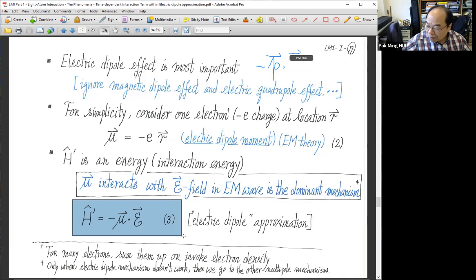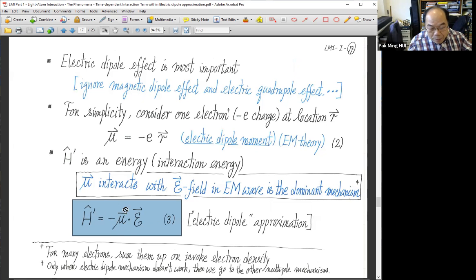So in quantum mechanics books, usually this electric dipole moment takes on something like the magnetic dipole moment notation, but make sure that you understand it goes with the electric field, it is the electric dipole moment. Okay, so now we have the classical part.